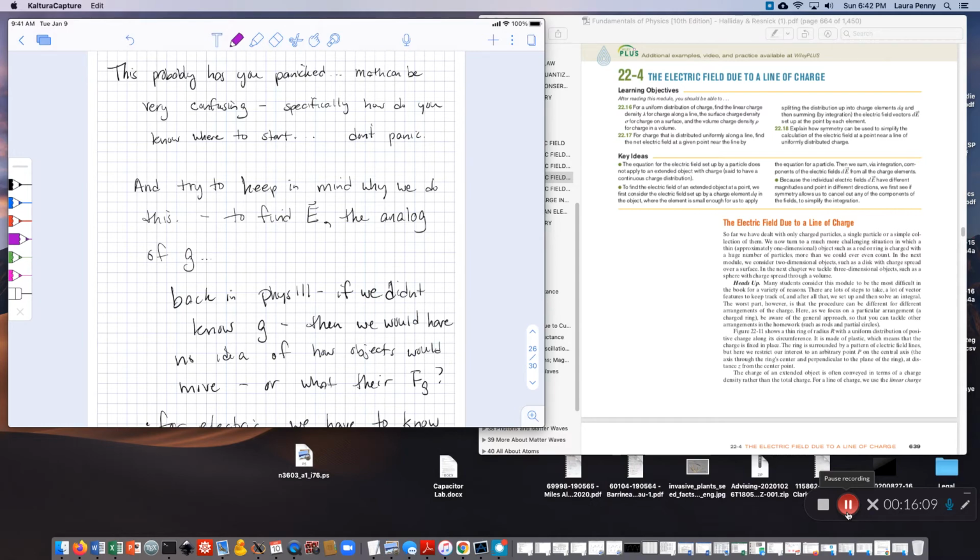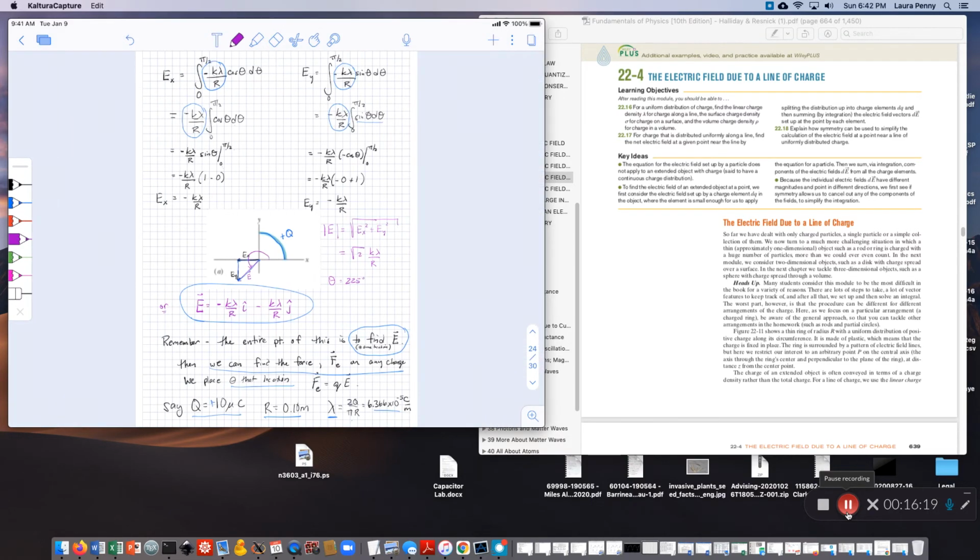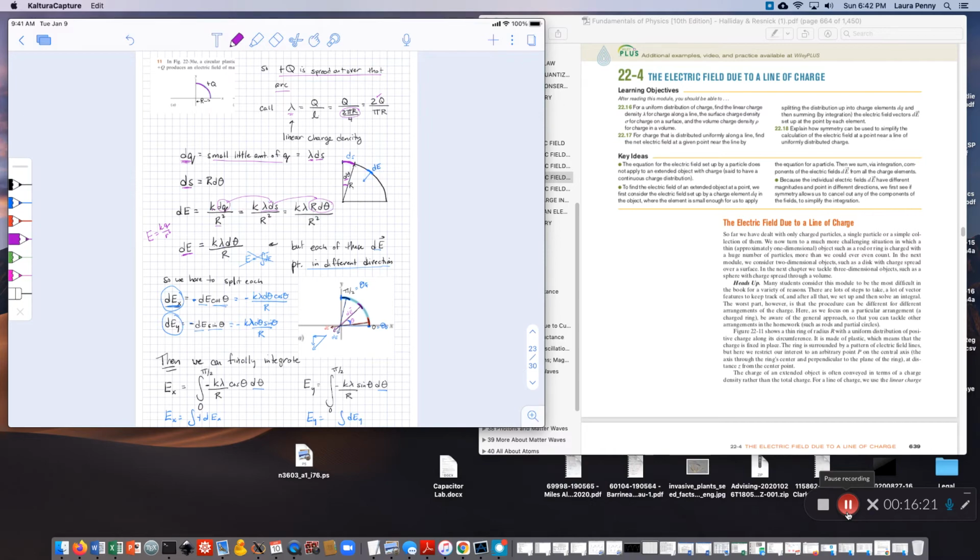I'll do more of these next week, and I'll do some in class as well, but it can be extremely confusing, specifically in terms of knowing where to start. On this page I say things like lambda is Q over L, and then, what is dQ in terms of this lambda, and then recognizing that dS is R d theta, and then being able to write out what this dE is, and then knowing that I have to actually get a dEx and a dEy to do my integration.